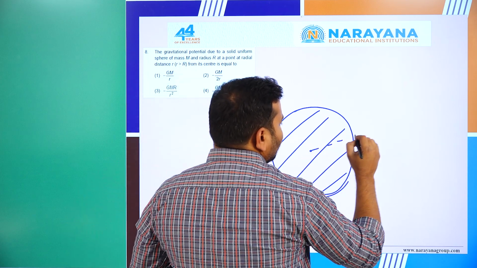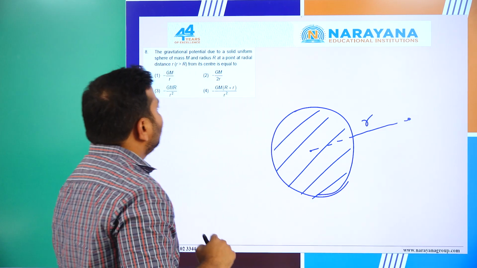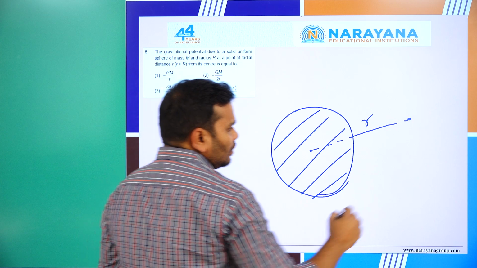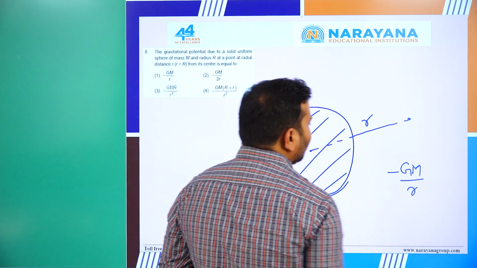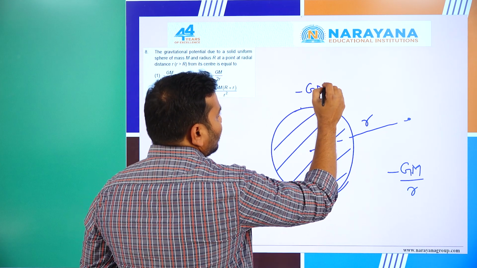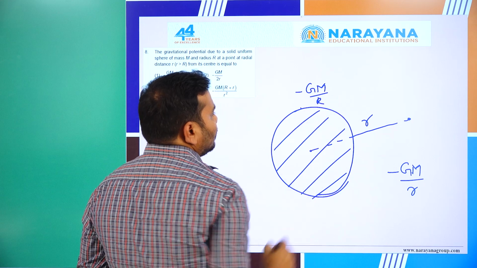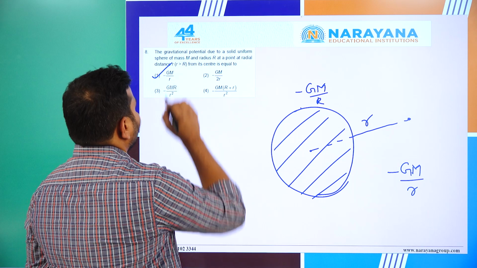If you consider a point at a distance r, the gravitational potential is minus G capital M by small r. Over the surface you will get minus G capital M by capital R, and for an internal point, of course, it will change. So it's a straightforward question.